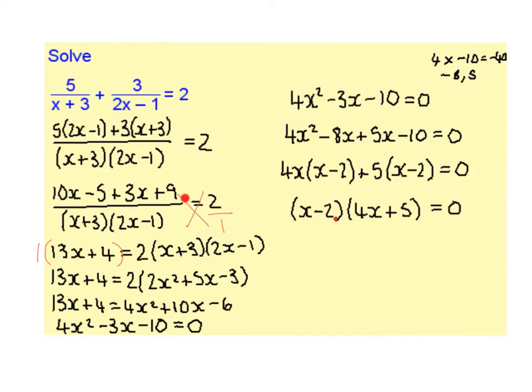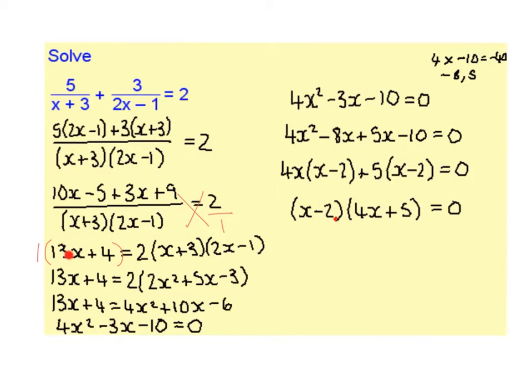So it was everything on the top left fraction multiplied by the bottom right fraction, so my numerator on my left fraction multiplied by my denominator on my right fraction. And then everything on the bottom left fraction multiplied by everything on the top right fraction, so my denominator on my left fraction multiplied by my numerator on my right fraction. So it's 1 multiplied by 13x plus 4 equals 2 multiplied by x plus 3 times 2x minus 1.